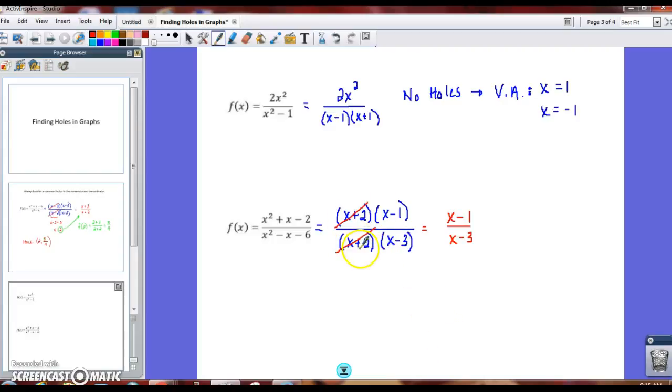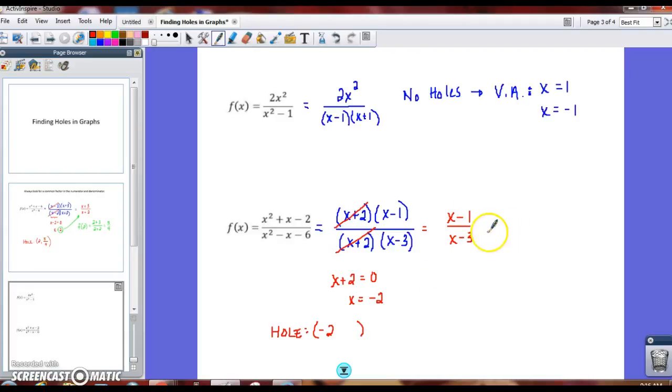And now I'm going to figure out where my hole is. I already know what the x-coordinate of my hole is. I just set that factor that I canceled equal to 0 and solve it. So the x-coordinate of my hole will be negative 2. And now I need to find the y-coordinate. So I'm just going to plug negative 2 into this function here.